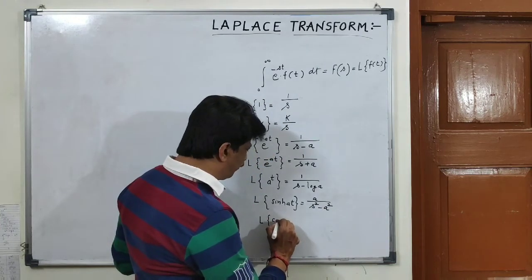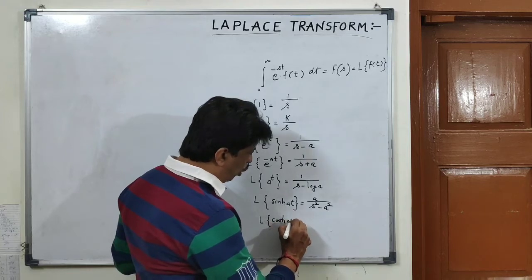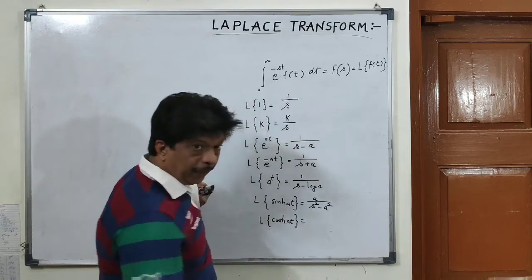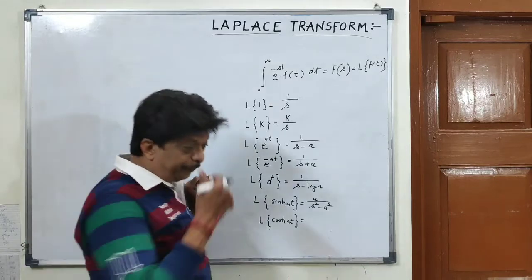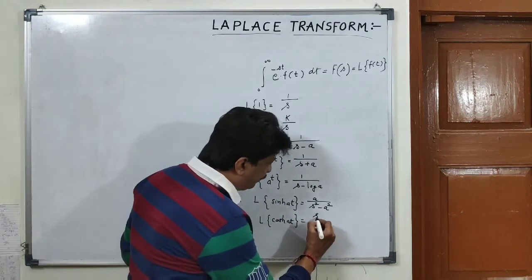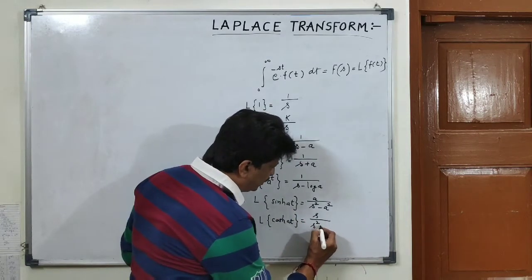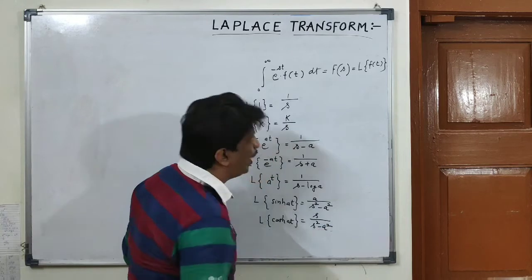Laplace transform of cosh of at is equal to s upon s square minus a square.